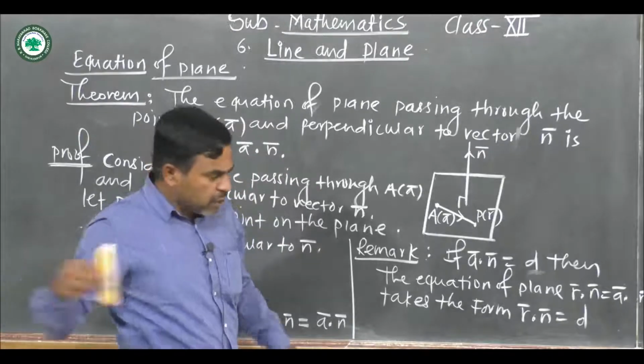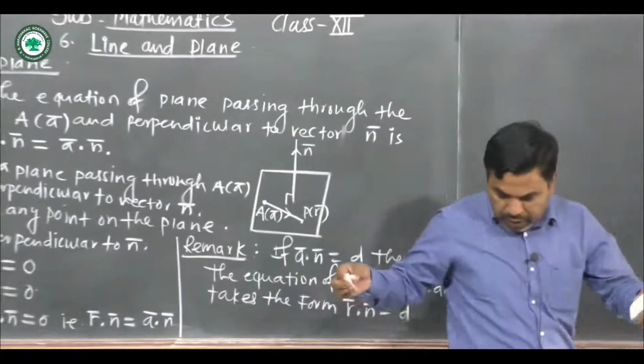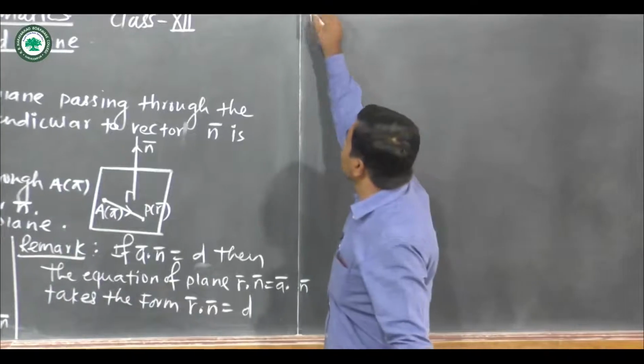Now let's see the Cartesian form of equation of plane. So this is theorem 2.